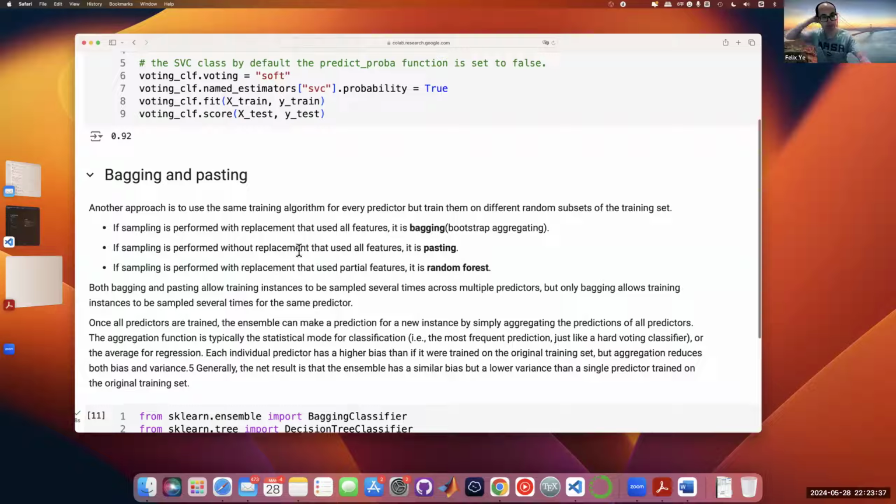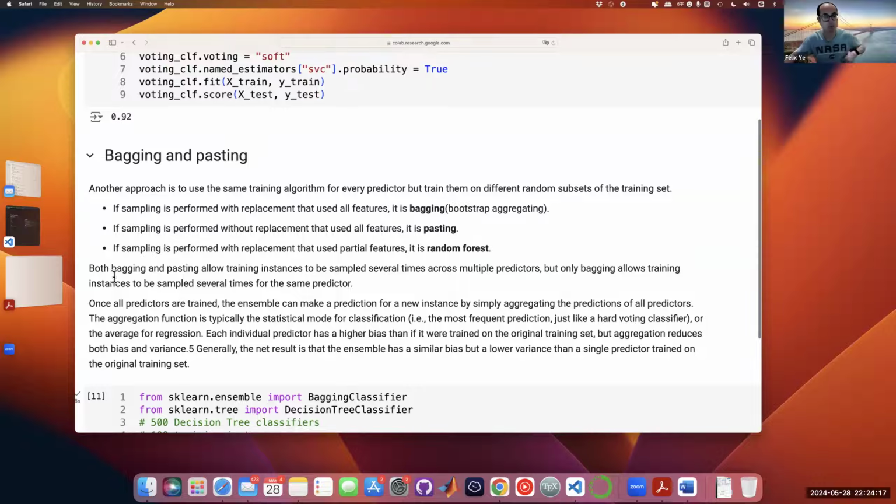Okay, so lastly, if the sampling is performed with replacement and at the same time we are not using the whole feature set, only partial features, this is additional randomness on the data set. Not only do we sample a random subset of the training set, we also sample random features on those random subsets. This is called random forest. So this is the difference between bagging, pasting, and random forest.